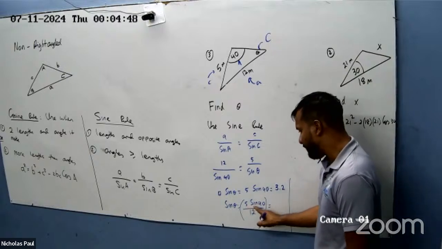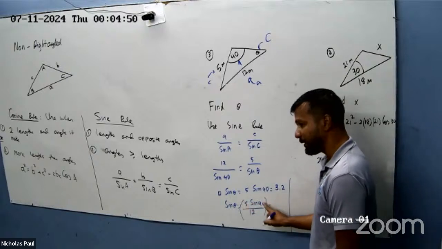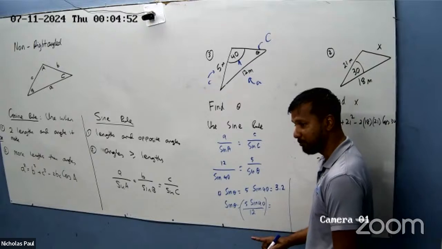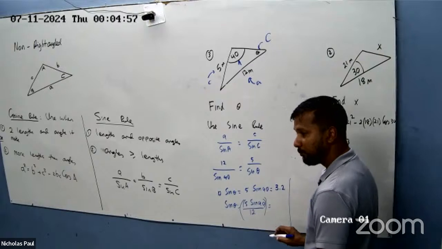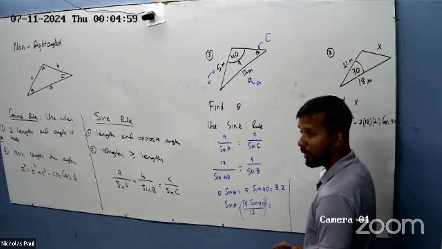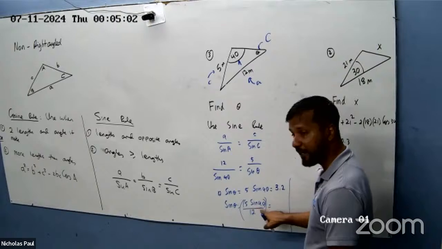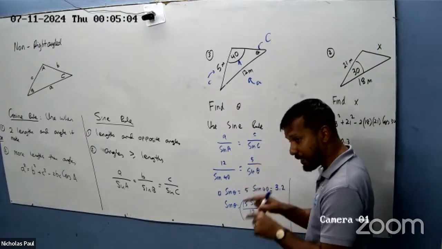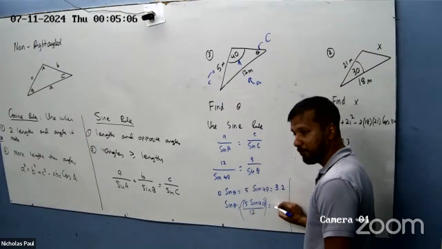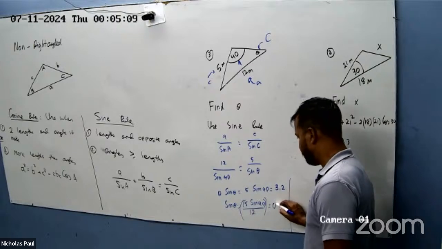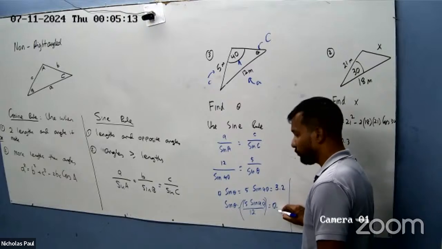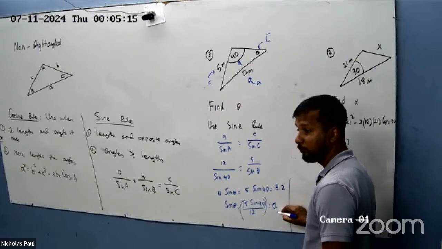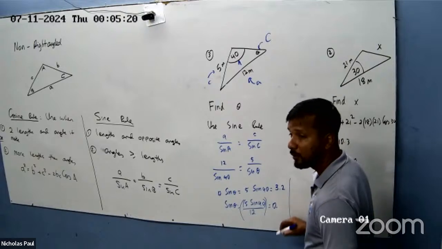So work out 5 sine 40, open brackets, all over 12. If you have a Sharp calculator, put 5 sine 40 in brackets and then divide by 12. How much do you get? 0.27.